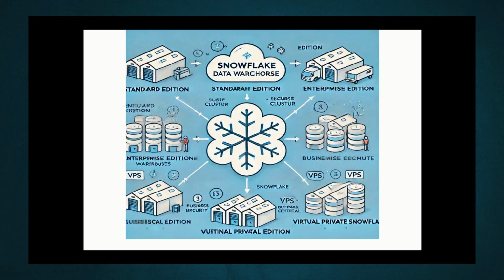Let's say you have financial data, from a financial institution, or data for banking, so it's highly sensitive data. You need to put a lot of security on that data, so for that you definitely go for the Business Critical edition.